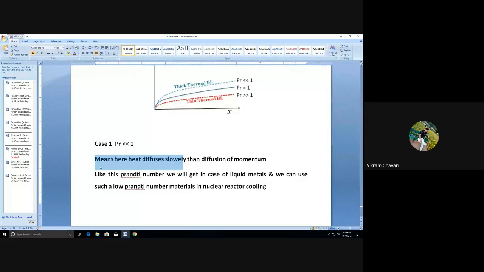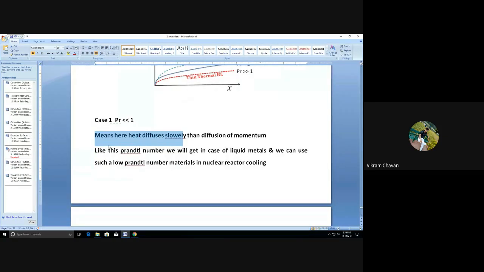You'll find the application of liquid metals in nuclear reactor cooling, where a large amount of heat needs to be extracted from the heating surface. So Prandtl number less than 1 means heat diffuses more slowly than momentum.